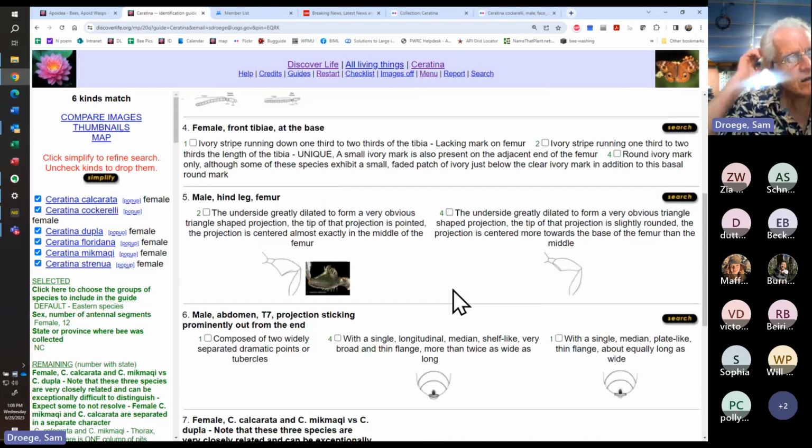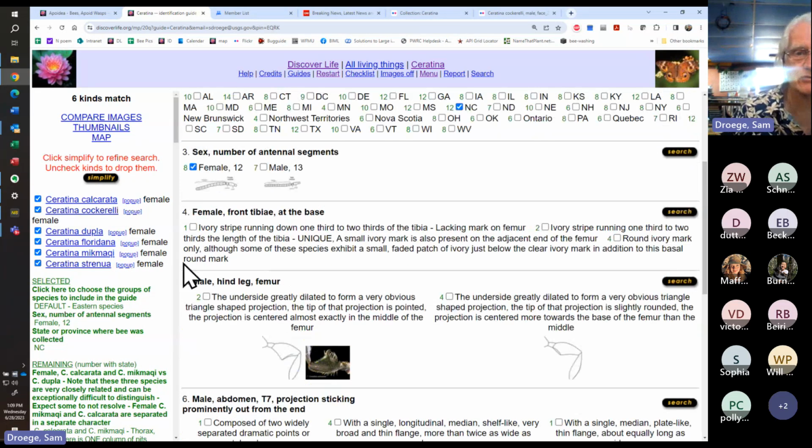What we see here, what's going to separate, we'll concentrate, I guess, by species, and I'll just guide you through the characters in the guide, and we'll cover all these characters, that denote that particular angle. So you can see after the gender, we get to a female front tibia thing.